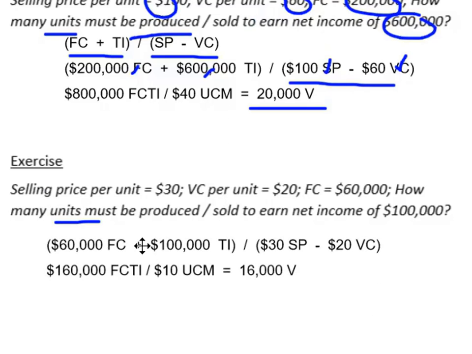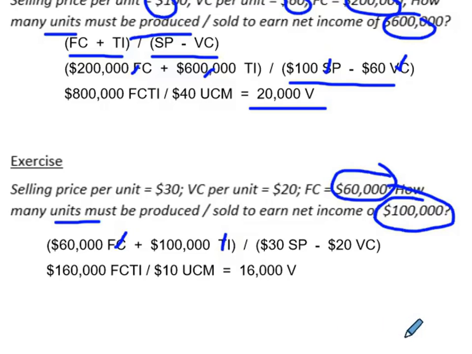Okay, again, I didn't reproduce the formula. I've just done the calculation directly from the formula up above. We take $60,000 of our fixed cost right here, and to that we add our target net income of $100,000. So we have our fixed cost plus our target net income.